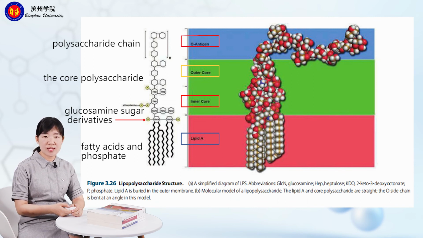The O side chain or O antigen is a polysaccharide chain extending outward from the core. It has several peculiar sugars and varies in composition between bacterial strains. So that's the detail of LPS.